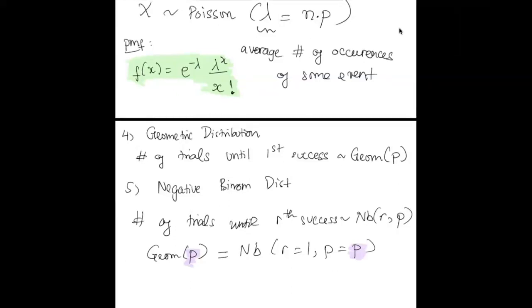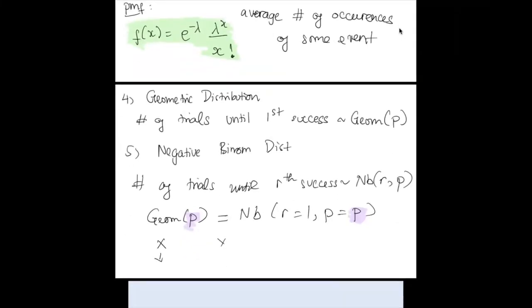And again, if you have two random variables X and Y, each of them follow a geometric distribution with the same probability of success, and you add them together, you would get a random variable Z, and Z follows a negative binomial distribution with r equal to 2 and probability of success equal to p.